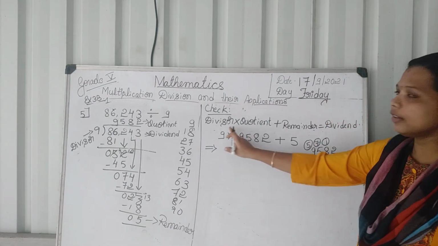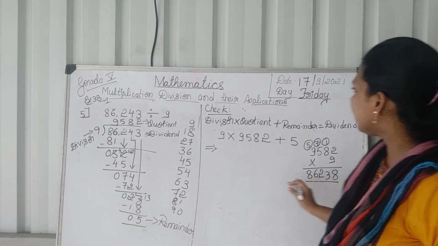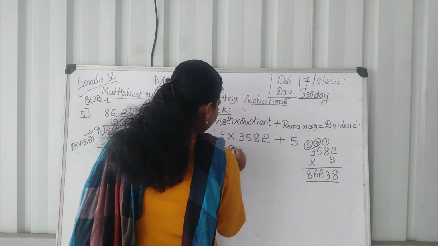See, after multiplying the divisor into quotient, we get the product as 86,238.